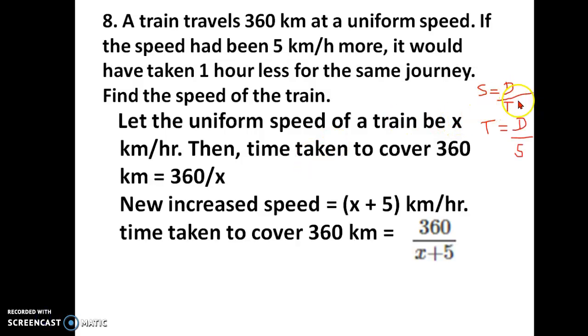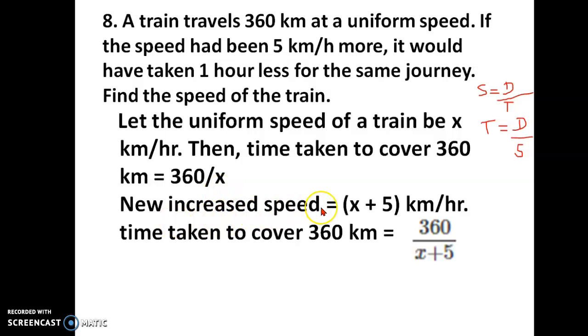So time we need, so the speed can be brought down to the denominator, and the time to the other side of equal to. So t is equal to d by s. That's why I got time taken as 360 divided by x.